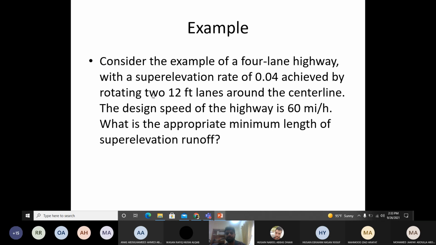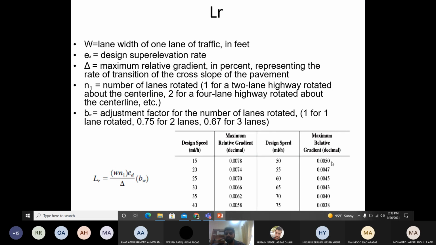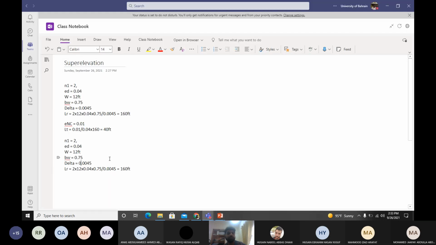For 50 miles per hour, delta will be 0.0050.